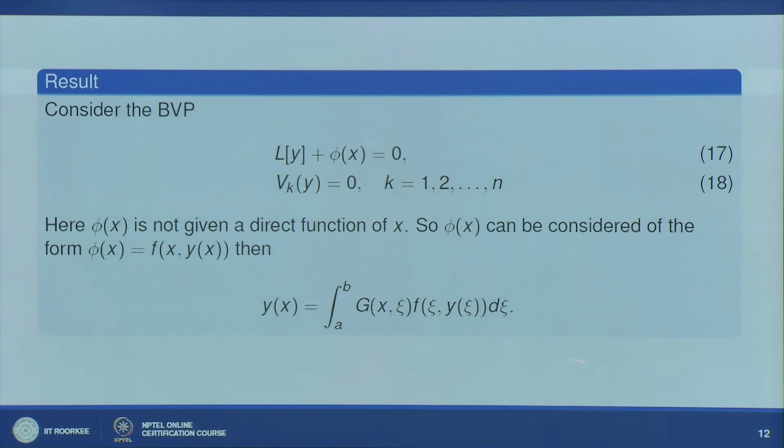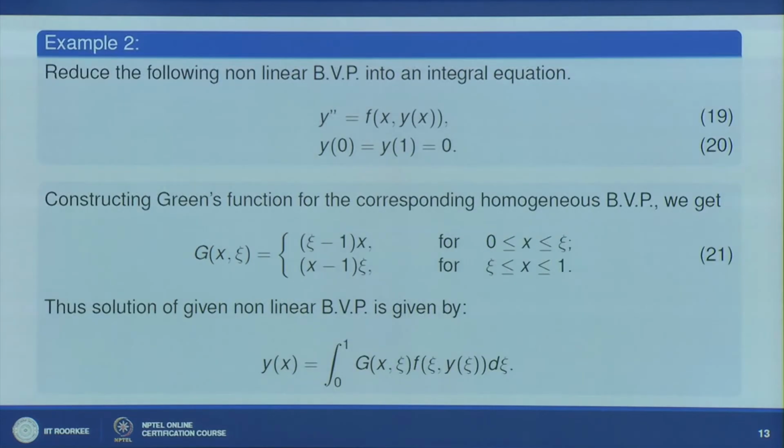So basically in this case, this is not a solution y(x) which is given here, but the solution y(x) is given in terms of an integral equation, or I can say that this differential equation along with these boundary conditions is equivalent to the integral equation given here, and this is a Fredholm integral equation. So it means that in this case, when phi(x) is not a function of x only, it is involving y(x), then this differential equation is converted into an integral equation. So just look at one example here. Take a very simple problem.